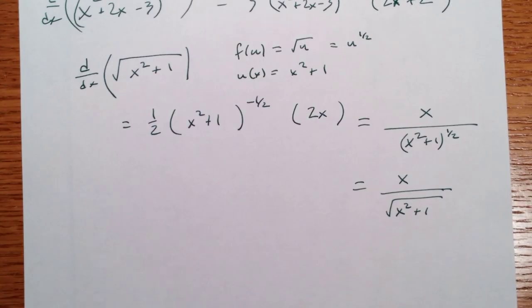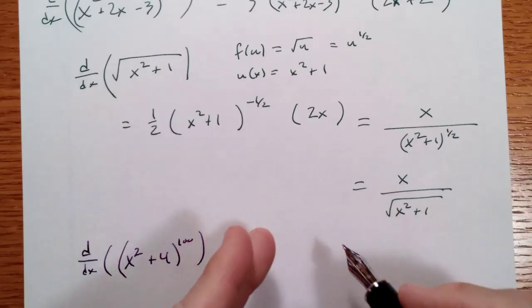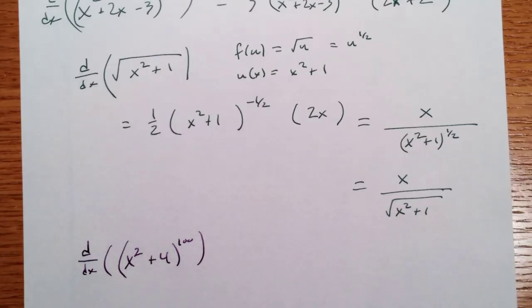Imagine you were doing something, I don't know, to 100th power. Find the derivative of x squared plus 4 to the 100th power. That's disgusting. I don't want to do the binomial with 100 powers. You imagine writing out Pascal's triangle all the way down to the 100th row?